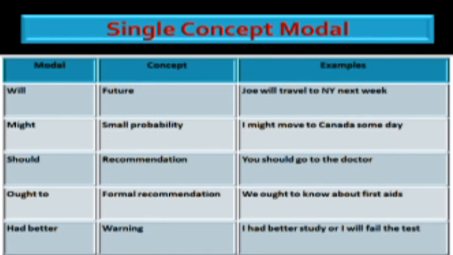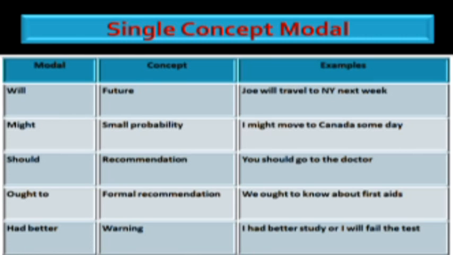Now single concept modals. We'll have some more examples with single concept modals. Now will: the concept is future tense, and the example is Joe will travel to New York next week. Now might.